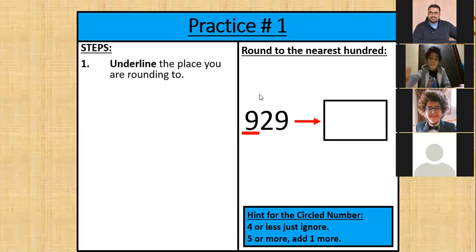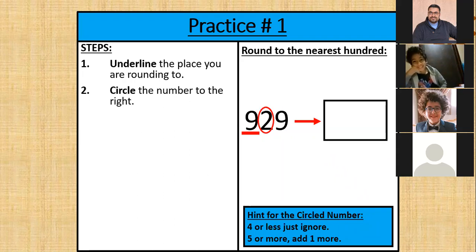And then we will circle 9? No. Wrong. We can't circle 9. When we underline this one, we will circle the number directly behind it, the 2.